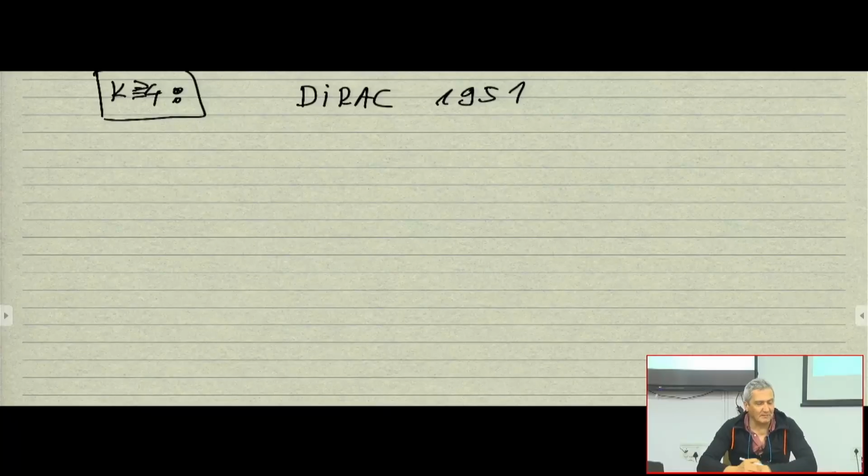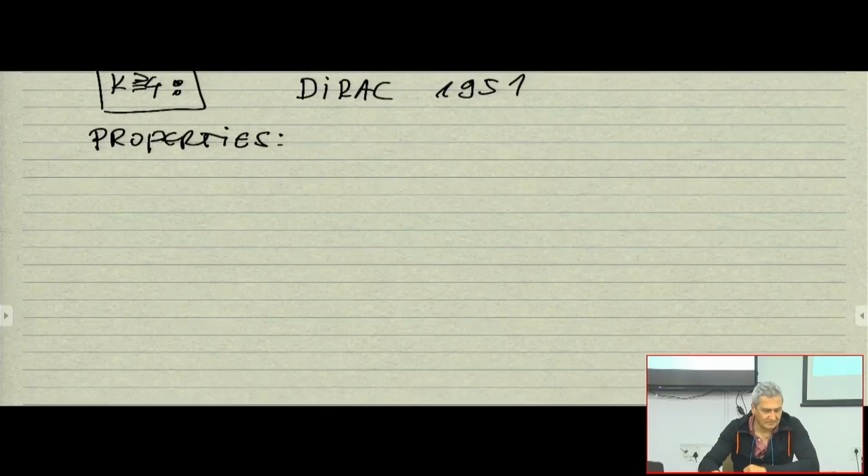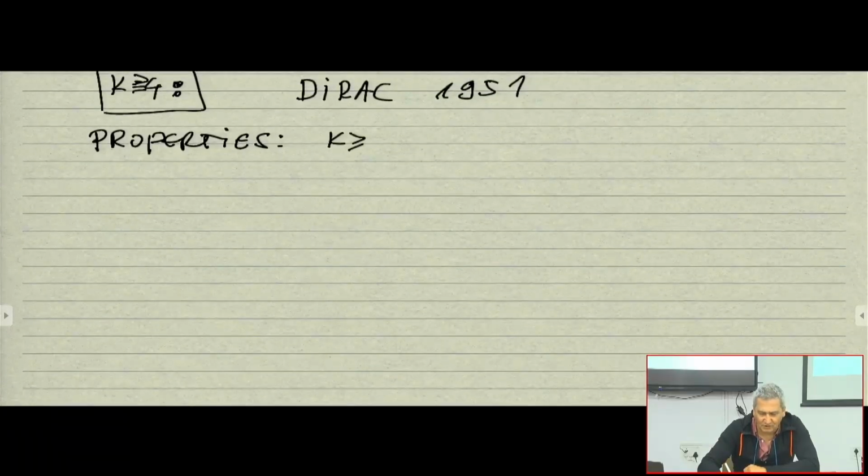Now some properties about critical graphs. I will assume k is at least 4. Maybe it also works for some smaller k, but they are not interesting.